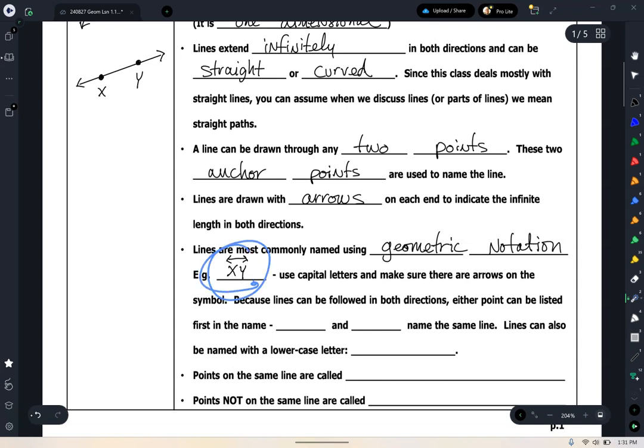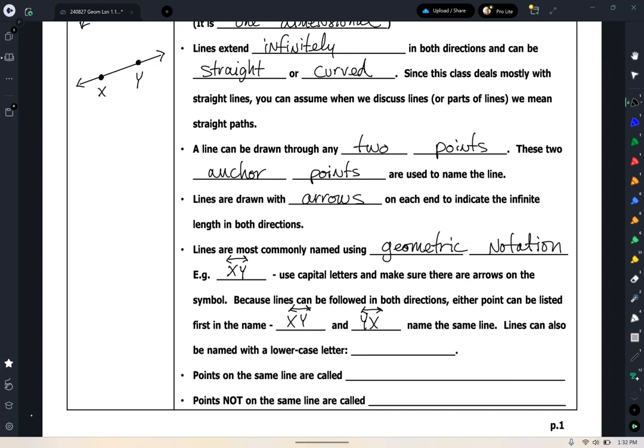This is read line XY. It is the straight path that extends infinitely in both directions through point X and point Y. That's how you're to understand that. Okay? Now, because lines can be followed in both directions, because they infinitely travel in both directions, you could have it labeled XY like this, or you could call it YX. Those are both acceptable. Okay?